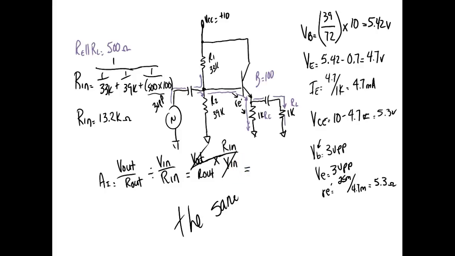Which is pretty cool, right? So my Zn is 13.2K. My Z out is 500 ohms. So what kind of current gain we're going to get out of this puppy? Pretty good, ain't it?